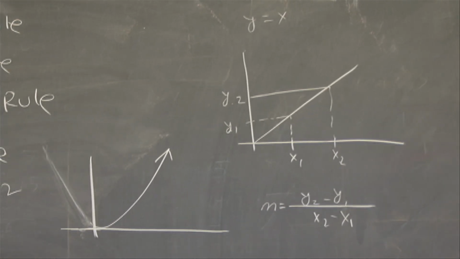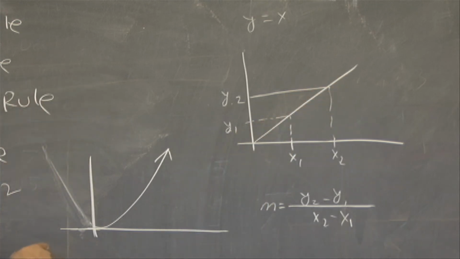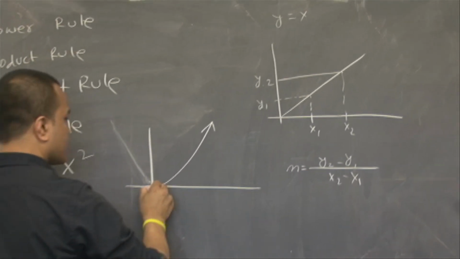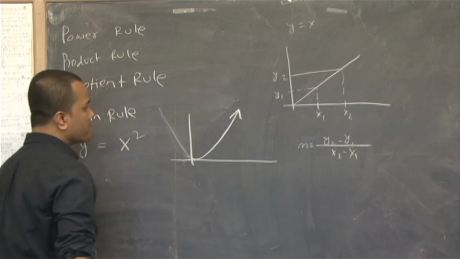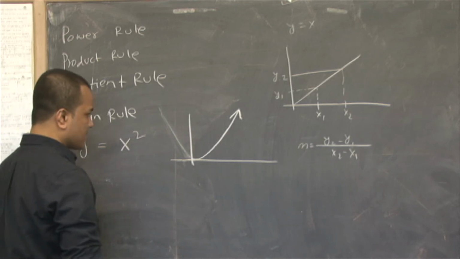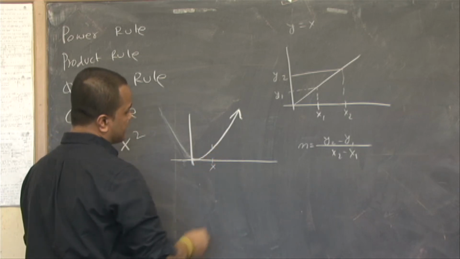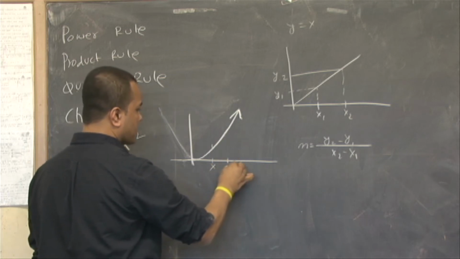But here is a problem. In algebra we deal with a straight line, but we have to use calculus here because this is not a straight line. This is a curve. We cannot use this formula to find the slope of a curve. So we use the tool we call calculus. Let's say this is our x, and this is not x2, it's x plus h.